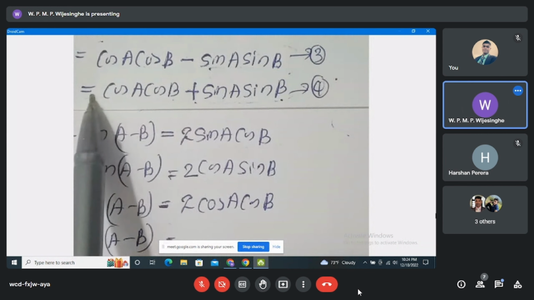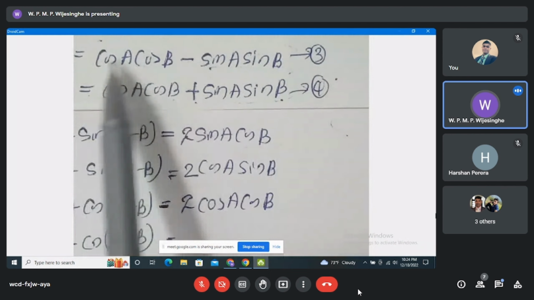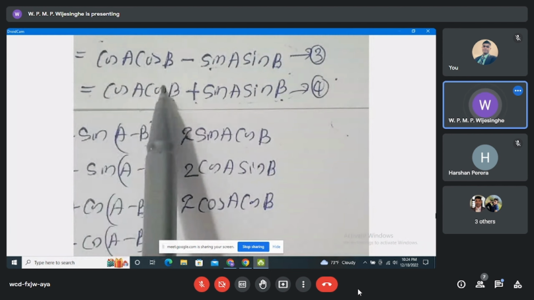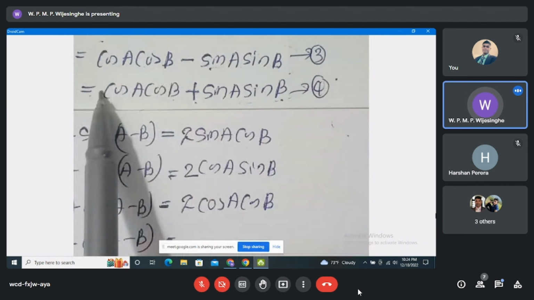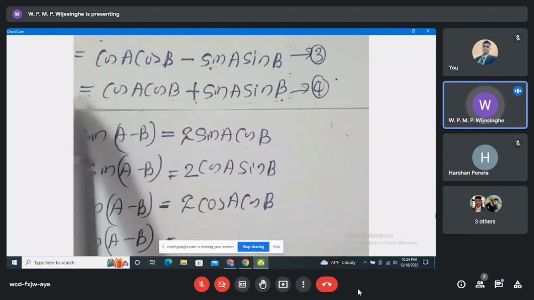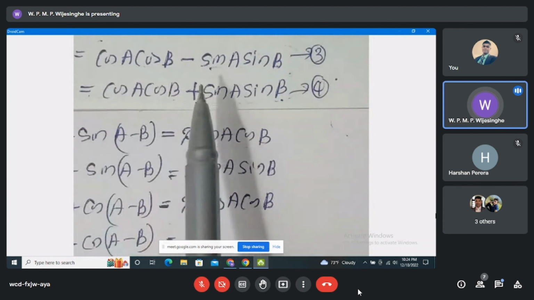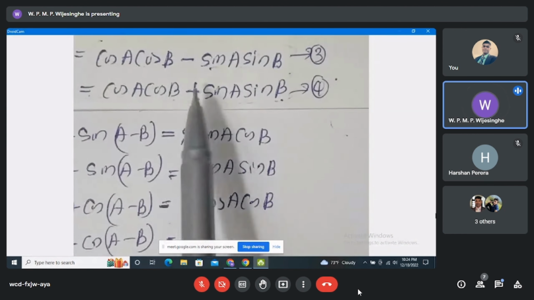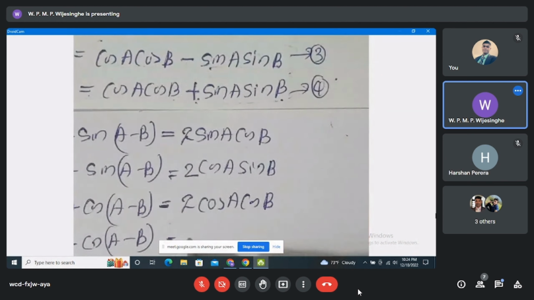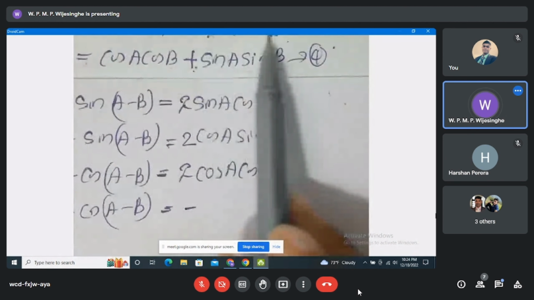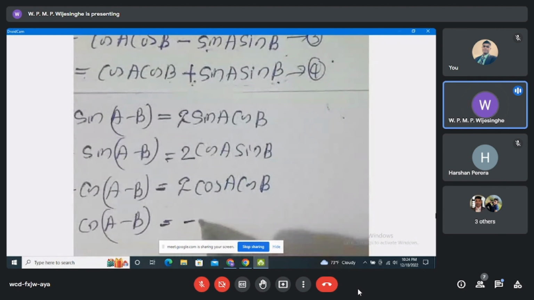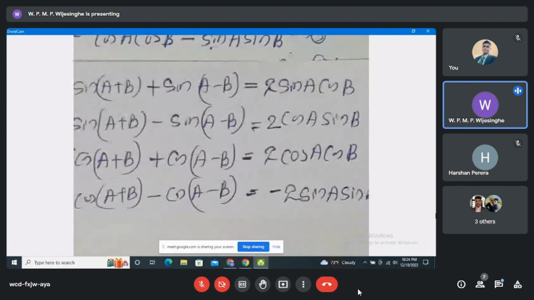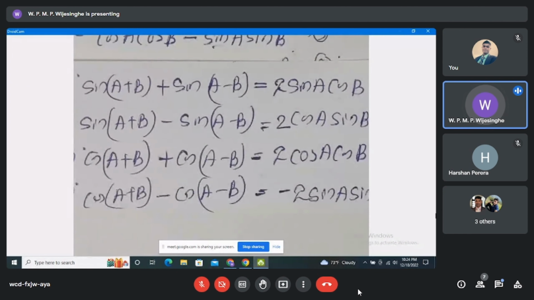Here make it minus. So plus minus, these two are the same, these two are cancelled. And here it is minus out of the bracket. Minus plus, here it is making minus. Minus minus minus. Both are the same terms, right? 2 sin A sin B. This is how we have built up the new relationship, right?